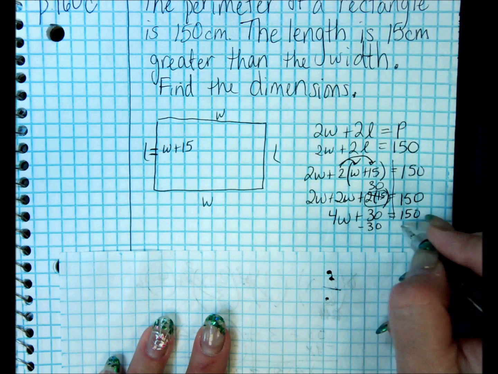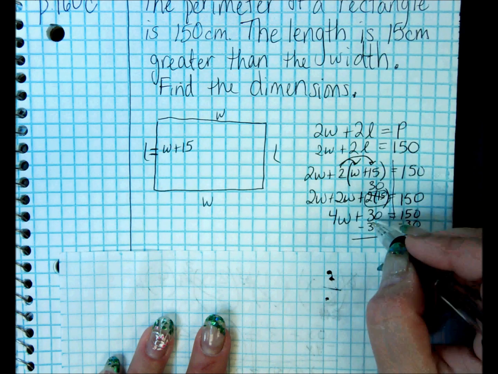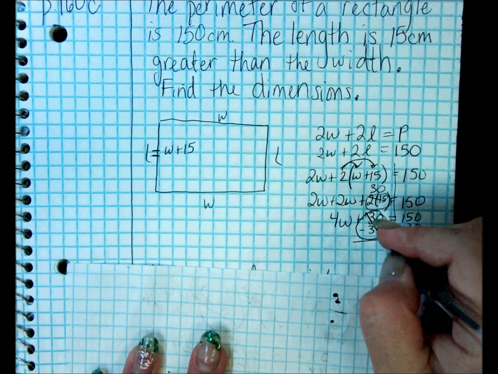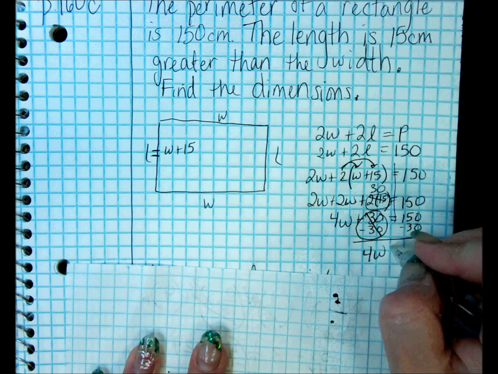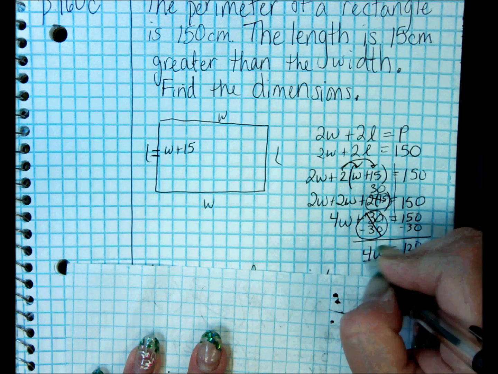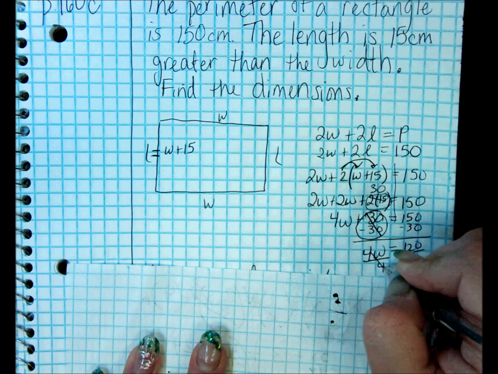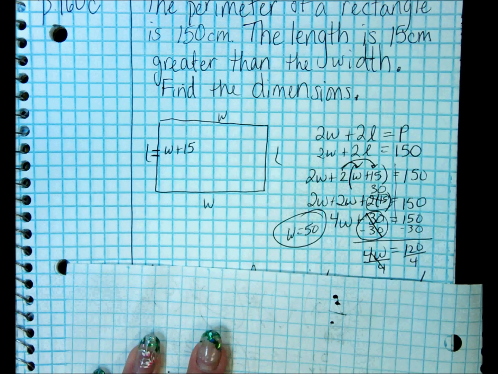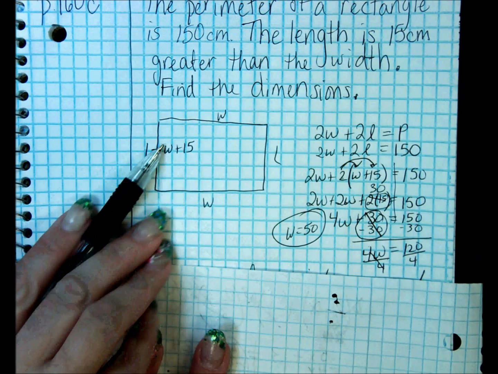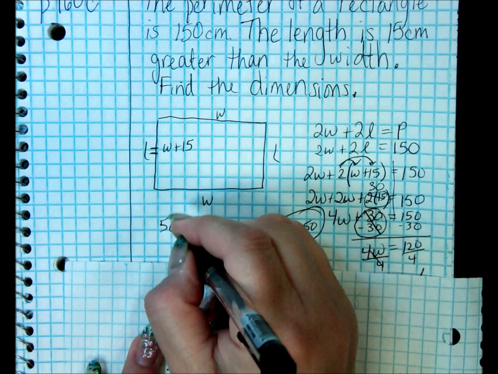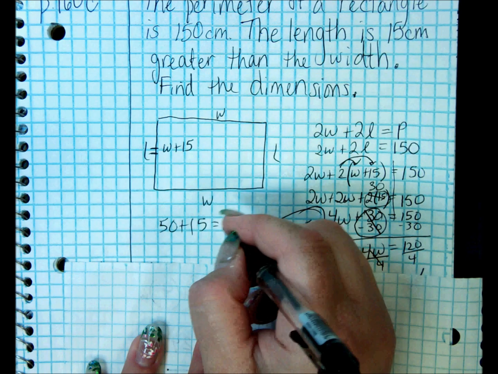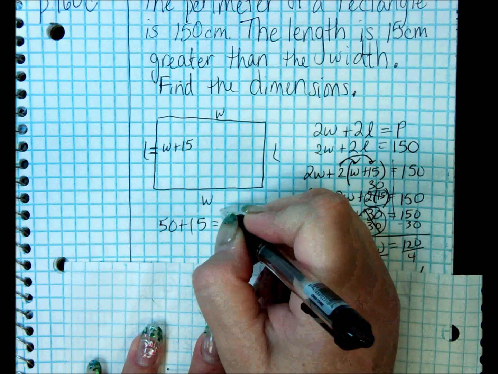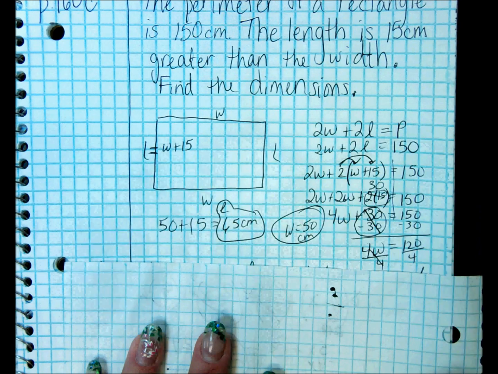That gives me a 0, and I'm looking for that. So I'm left with 4w equals 120. Divide, opposite operations. w equals 50. It wants to know what the length is. So if w is 50, to get the length, we get 65 centimeters. So the length is 65 centimeters. The width is 50.